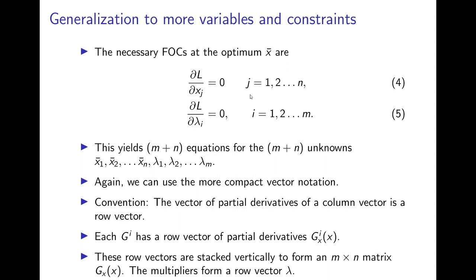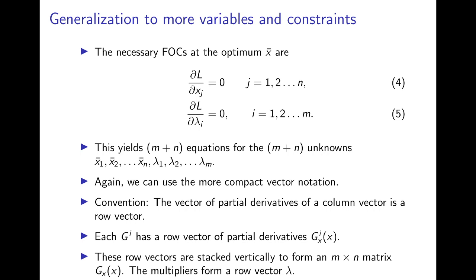That would give us n equations deriving from the first order conditions with respect to the optimal choices. But in addition, we would also have the derivatives of the Lagrangian with respect to the Lagrange multipliers, which are now m, and they have to be equal to 0, and this gives us m additional equations. So altogether, we would then have m plus n equations to solve for the m plus n unknowns, the choice variables and the Lagrange multipliers.